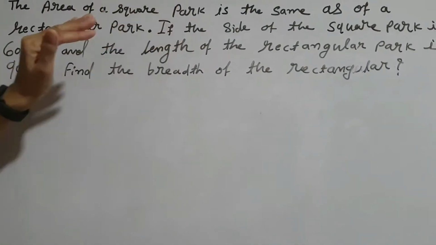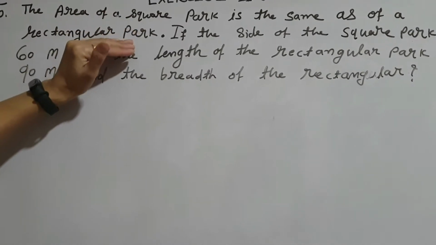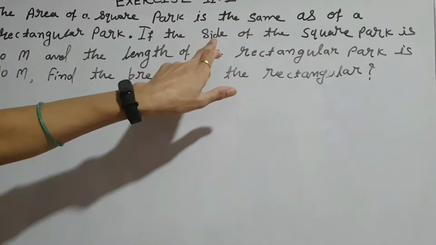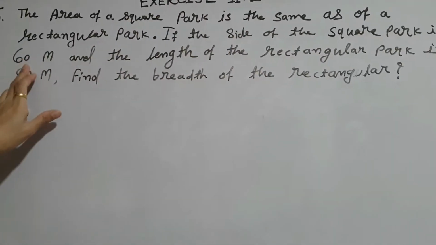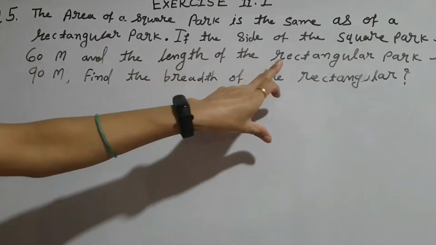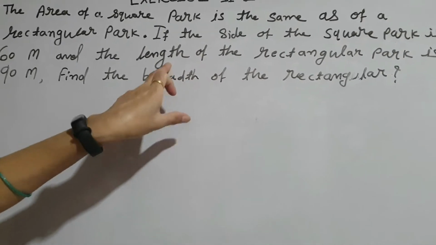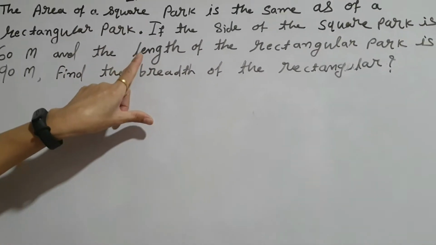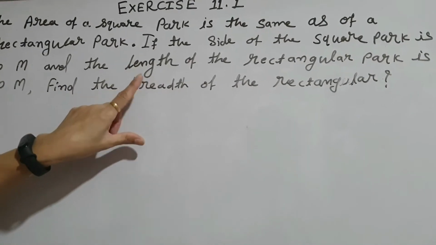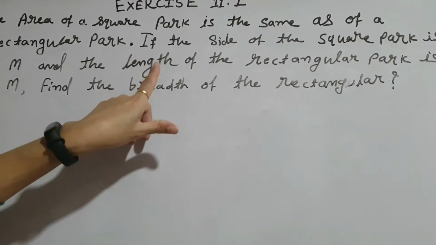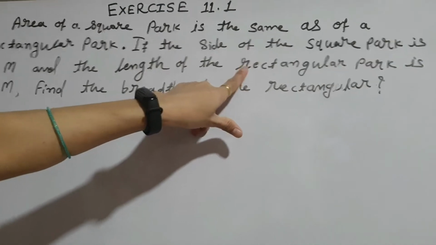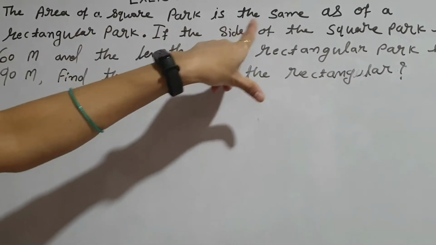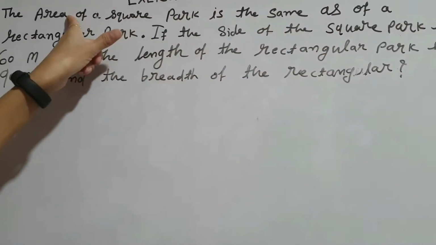Area of square park and rectangular park are the same, and the square park's side has been given and the rectangular park's length has been given, but we have to find out the breadth. Whenever only length has been given and breadth is missing, we cannot find the area of the rectangular park. So we will take the help of the square park area.